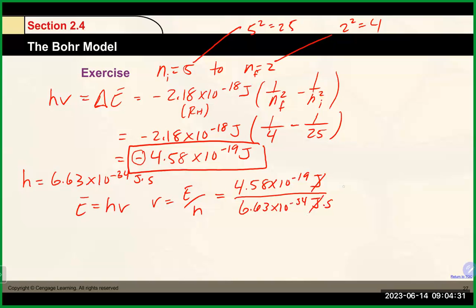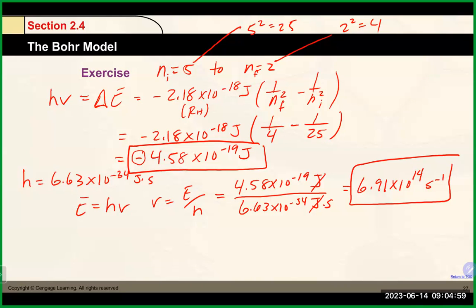Making sure to use your exponent buttons would be a good idea. That's going to give us something like 6.91 times 10 to the 14. The units here are going to be reciprocal seconds, not seconds. 1 over seconds will be our unit when we're done here.